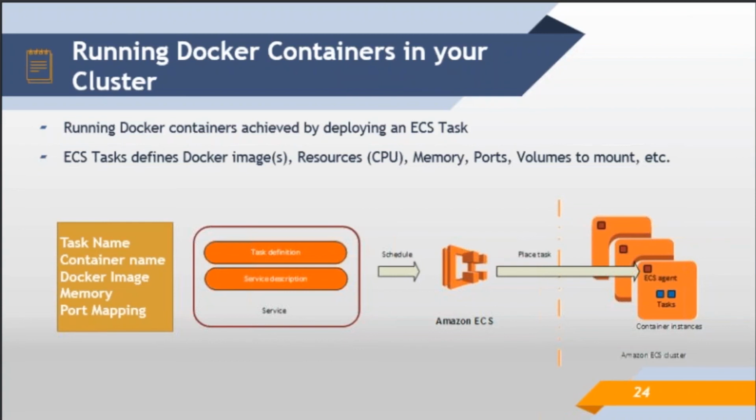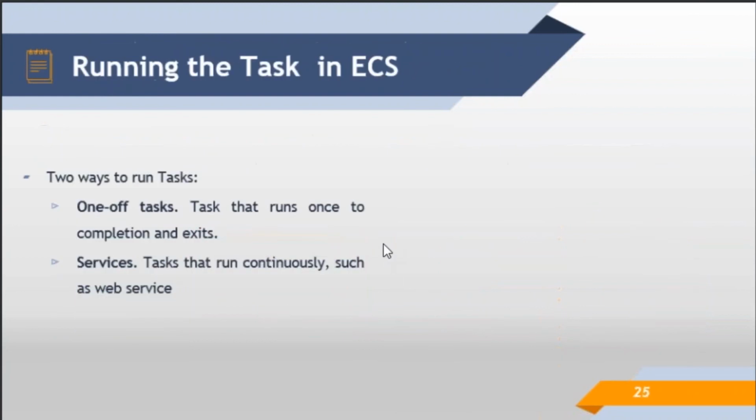After that, what we can do is run Docker containers in the cluster. You can see here that when we execute any Docker container cluster, they are executed as ECS tasks.